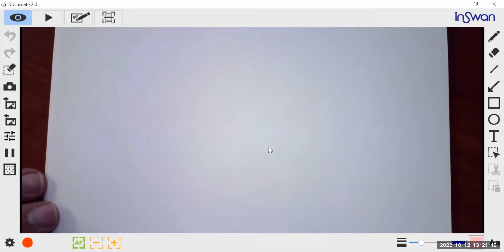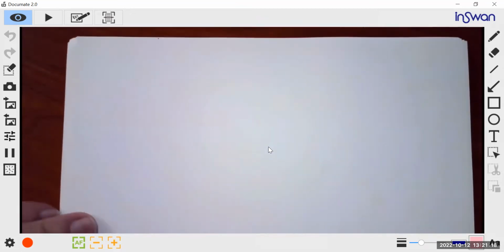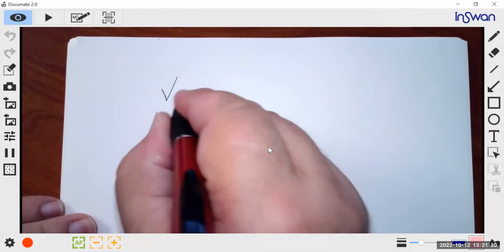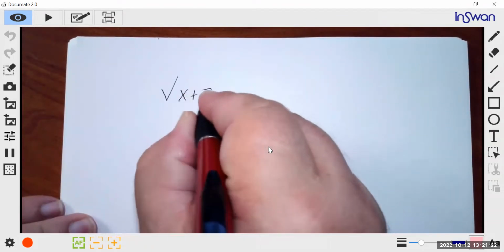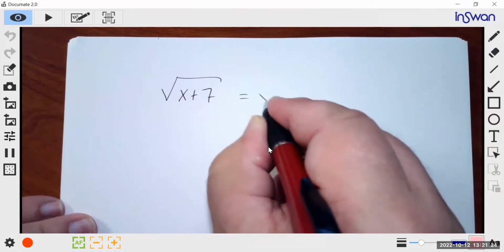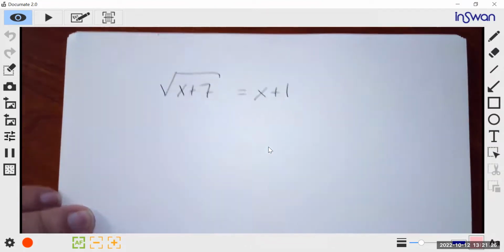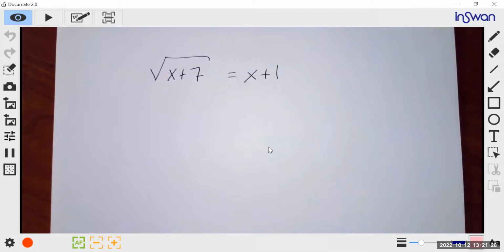Let's put X's on that side. X plus 7 equals X plus 1. Is the radical isolated? Yes.